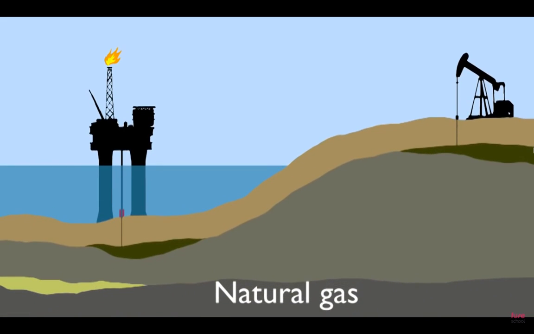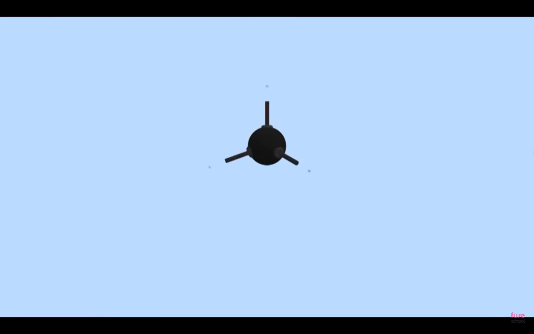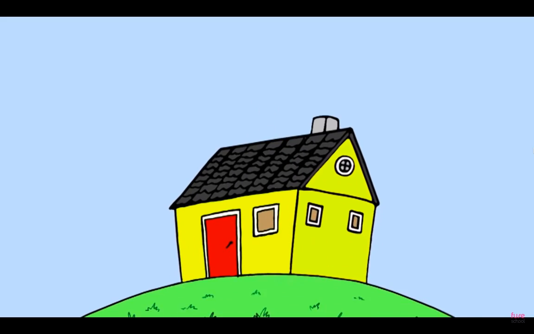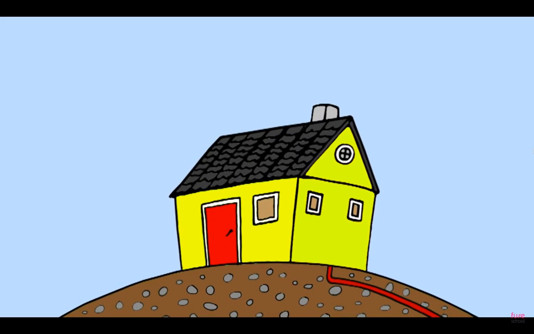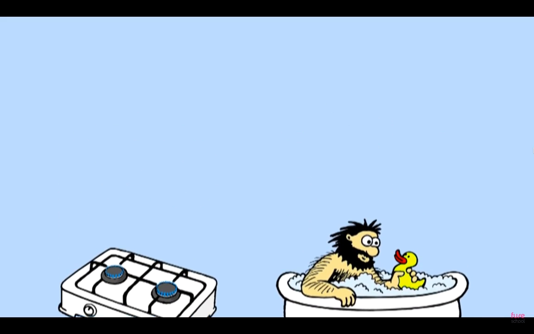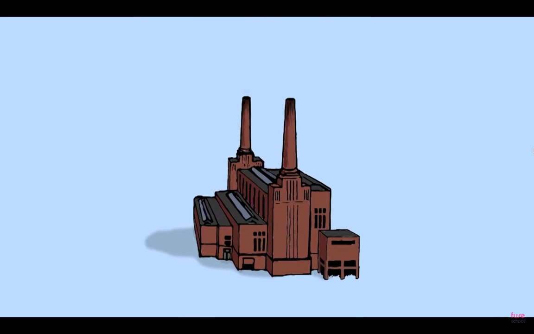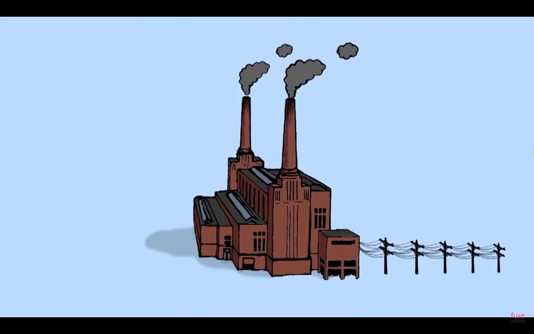Natural gas is often found with oil, trapped between layers of rock. It is mainly methane, CH4, and is frequently used in our homes, piped underground to be used for cooking and heating our water. Coal is a valuable resource and is in great demand as a fuel for the use in power stations to generate electricity.